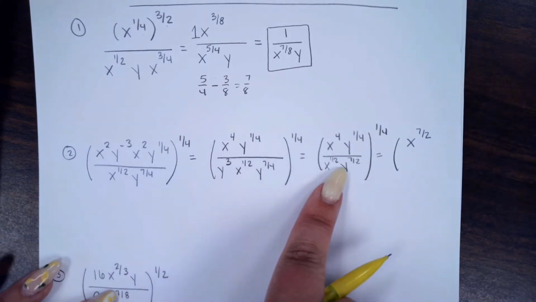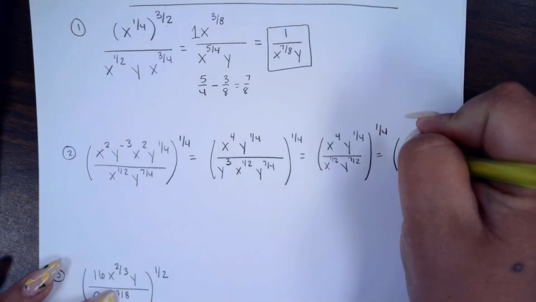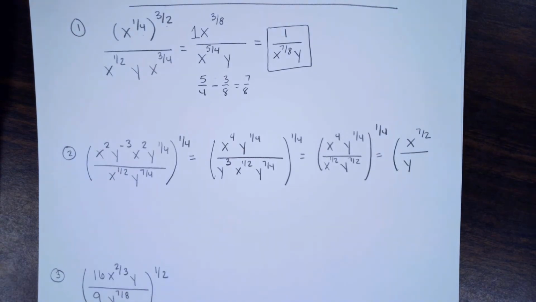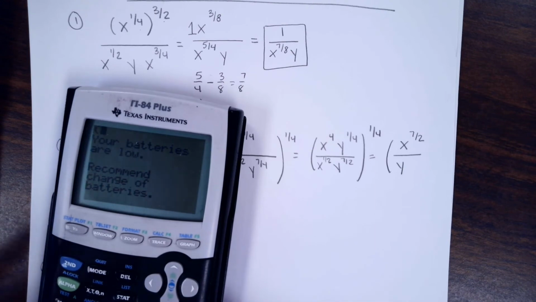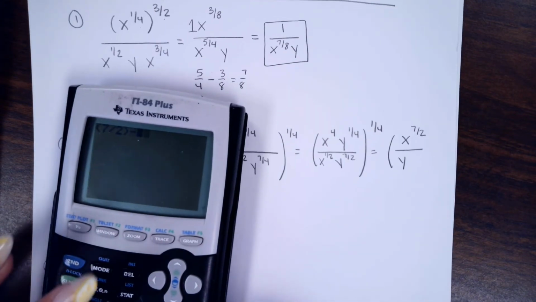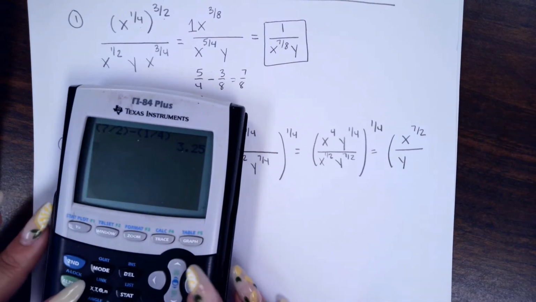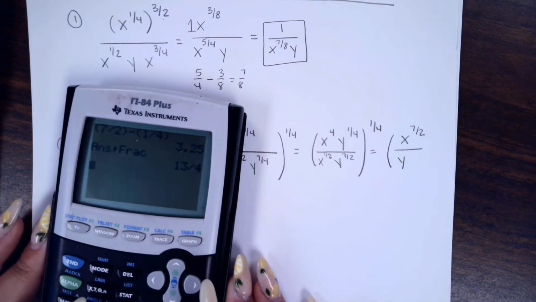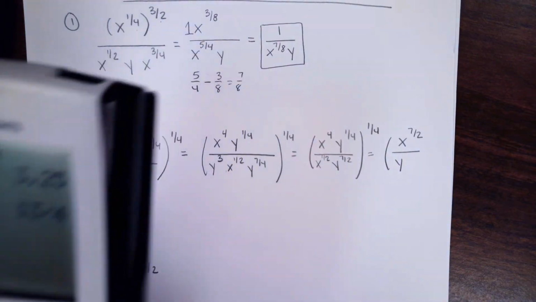Then I look at the y's. I have y to the 1/4, y to the 7/2. 7/2 is bigger. That means when I subtract, I'll have a y in the bottom. So I'm going to do 7/2 minus 1/4, and you get 13/4.